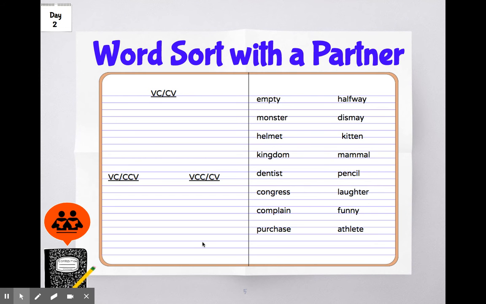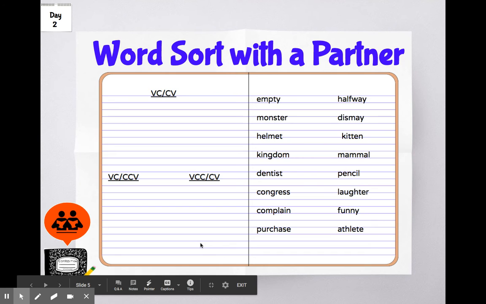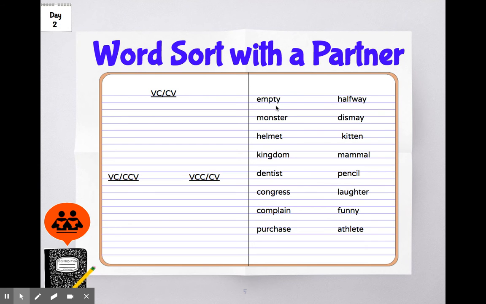Here is another, this is day 2, so if you wanted to pause the video and come back tomorrow, that's fine. But here are some other words that you could try and separate and decide if it's VCCV, VC and then CCV, or VCC and then CV.